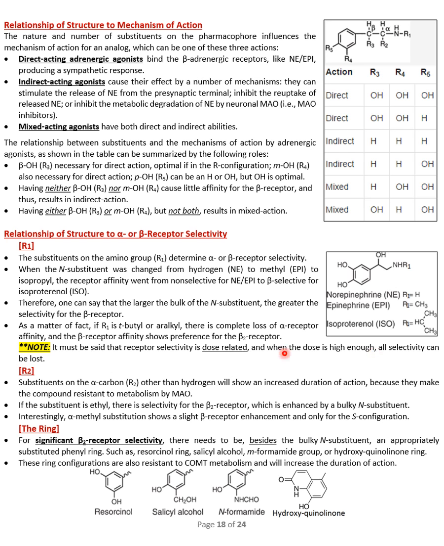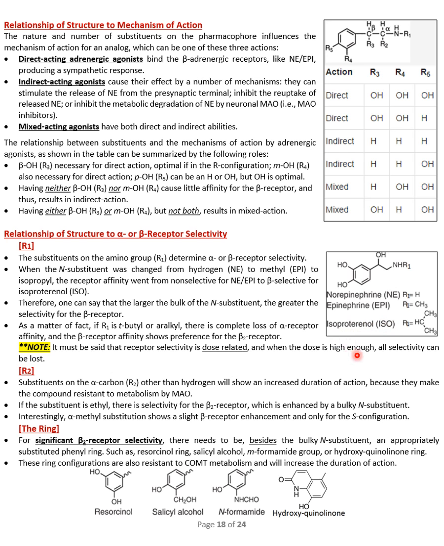So just keep that in mind when you study the material, or when you apply these drugs, that if you have higher dosages, then the drug can still bind to the beta 1 receptors or the alpha receptors and produce some side effects. So the selectivity is not completely lost. It depends on the dose.